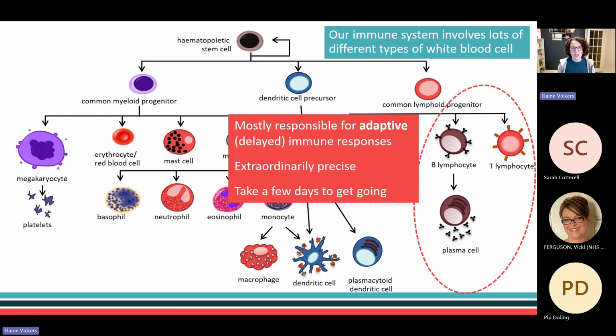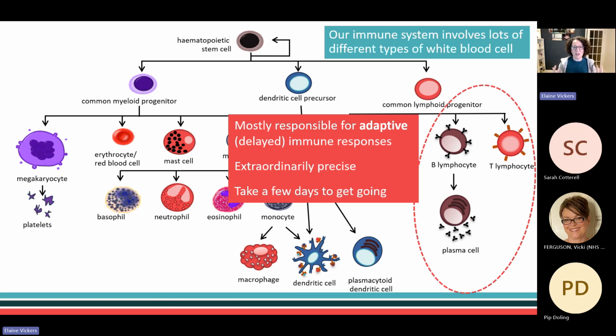Each B cell, each T cell is slightly different from every other, meaning that amongst all those billions of B cells and billions of T cells, whatever we are infected by, there are a handful of them that can respond to that infection. That's how our immune system tackles the problem that it does not know what we might be infected by during our lifetime.